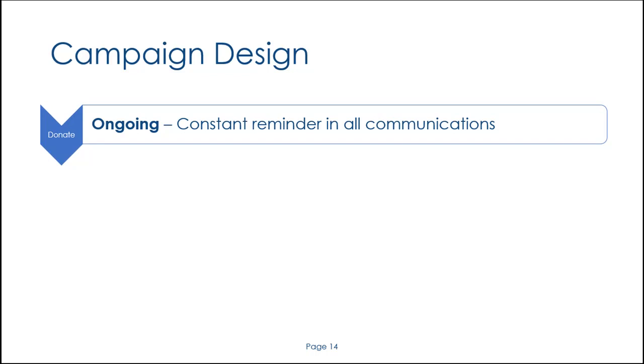And as I say, having a donate button everywhere that people are communicated with is a good starting point. So ongoing, constant, repetitive, frequent, reminding the target audience about the good that you do and asking them to make a donation.